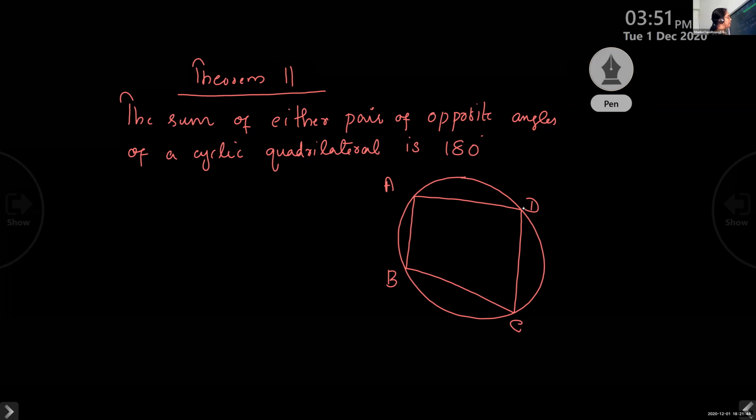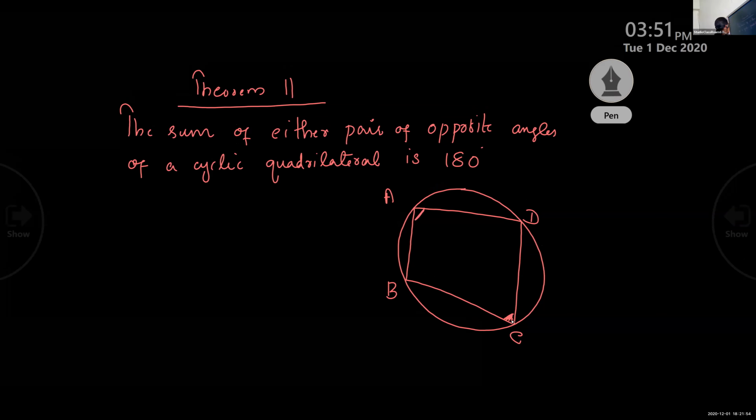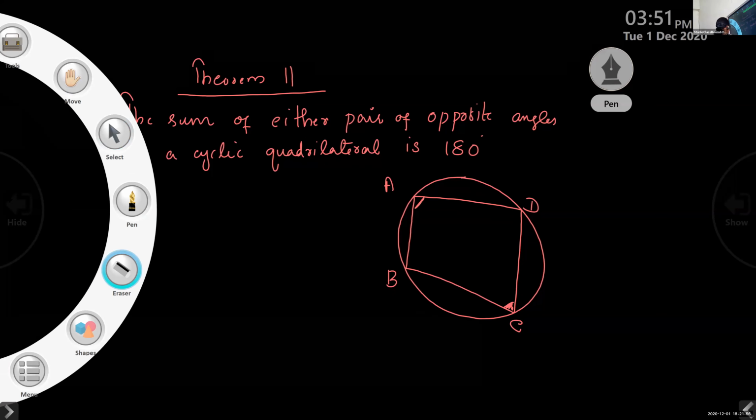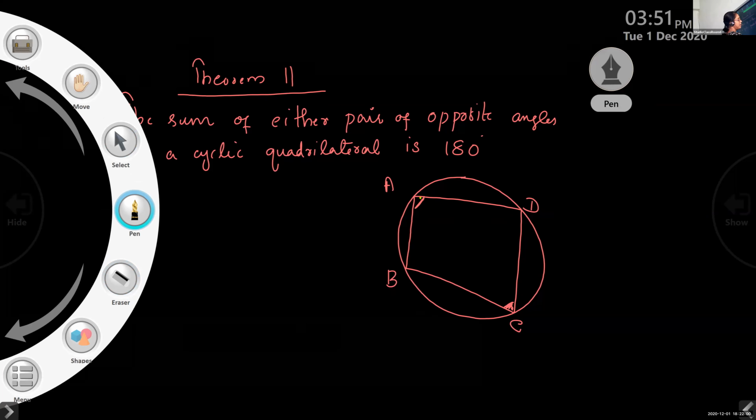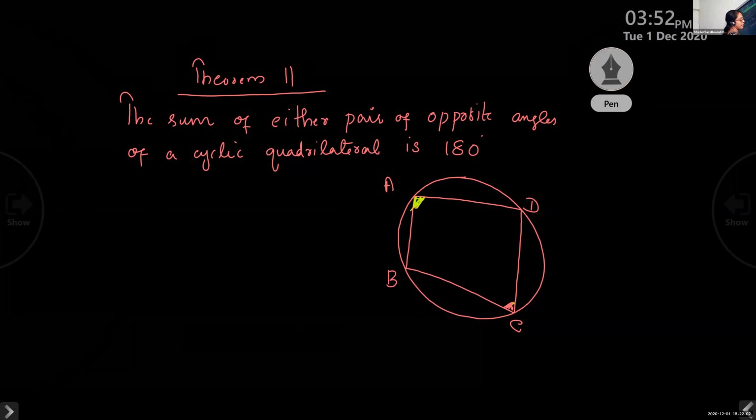This theorem tells us that angle A plus angle C, the opposite angles. Can you recognize the opposite angles, children? Opposite angles are angle A and angle C. When you add angle A plus angle C, you will get 180 degrees.